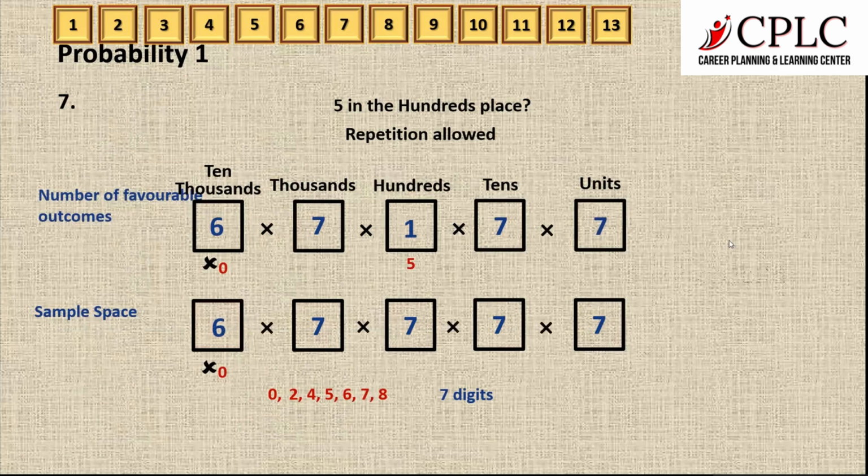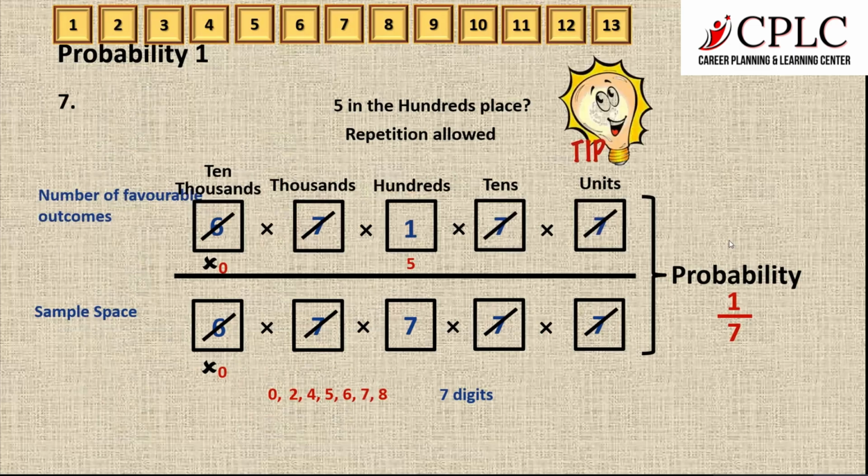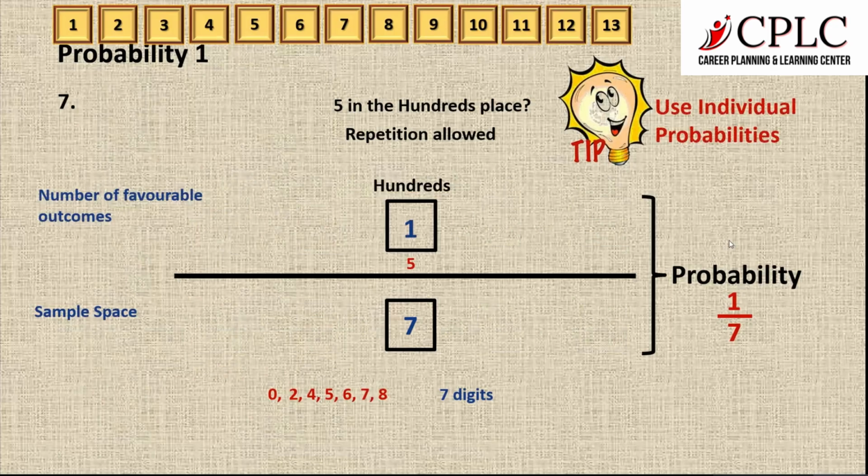And now we will eliminate all the common terms and we will be left with 1 by 7. So 1 by 7 is the answer. Now we can also go with individual probabilities. For individual probabilities, we will just use the hundreds part. At the hundreds place, only one possibility could come out of 7 possibilities. So 1 upon 7 is the direct answer.